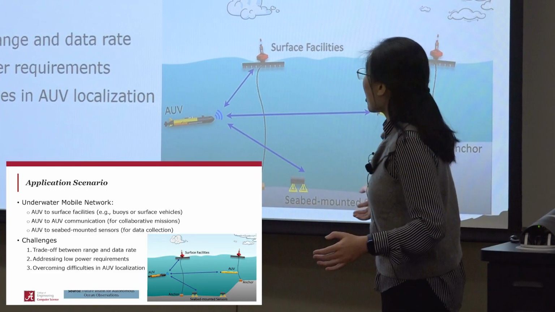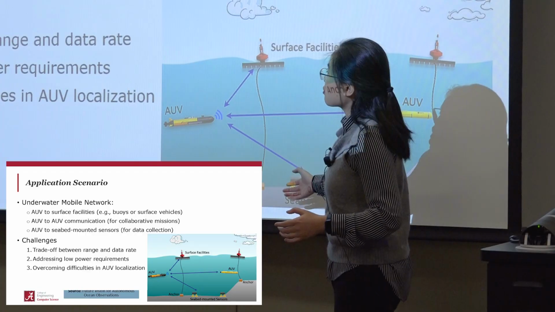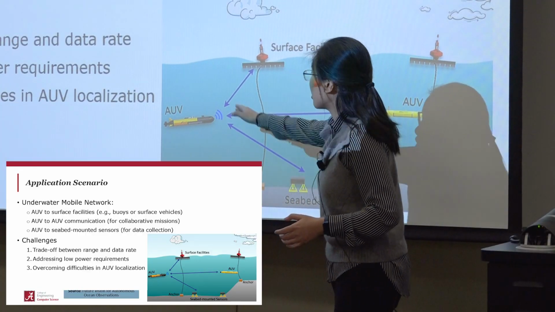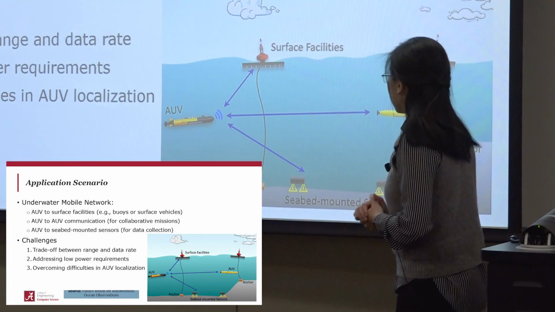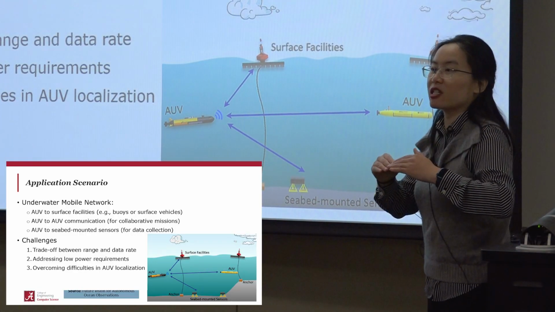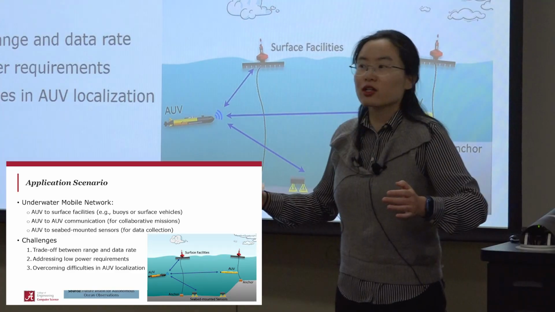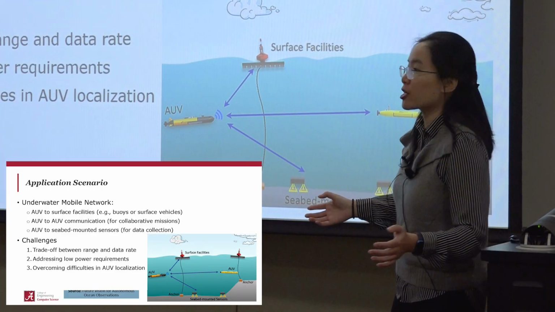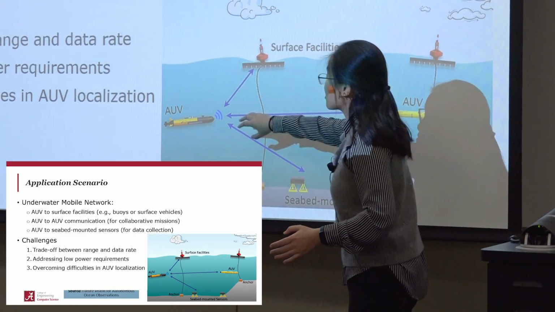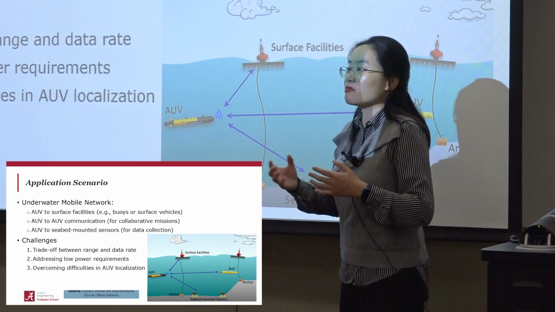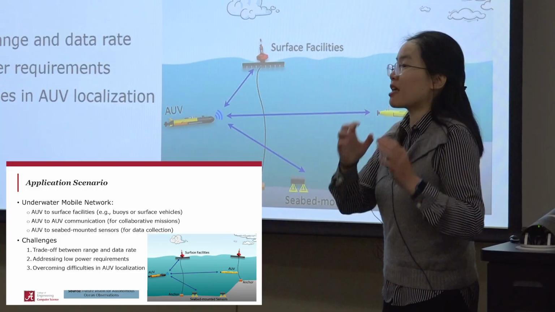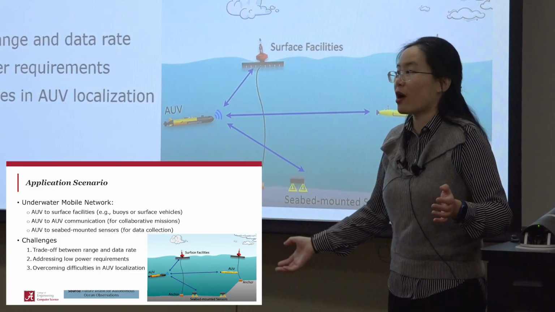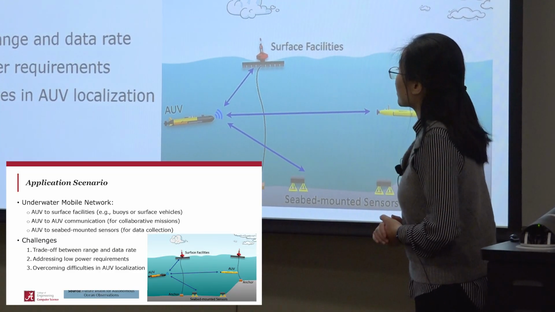However, due to those low power requirements, the communication range for those seabed-mounted sensors will be very, very limited, typically only a few meters, which won't be sufficient for an AUV to collect the data from them in current solutions. So we need to extend the current communication range from several meters to at least, for example, 100 meters. That is another challenge.